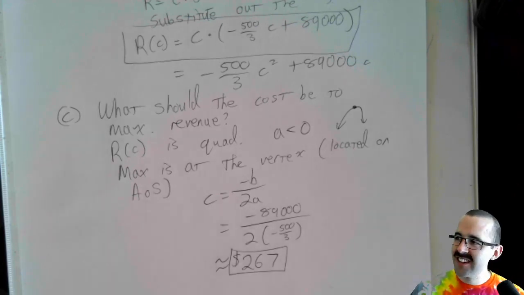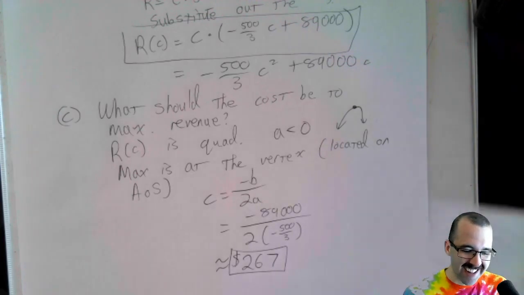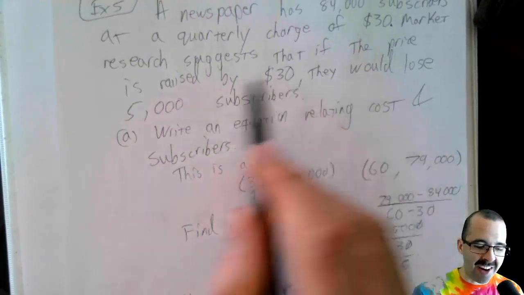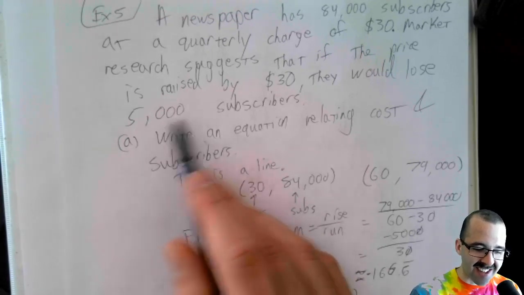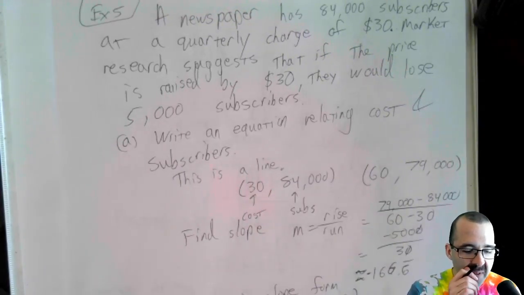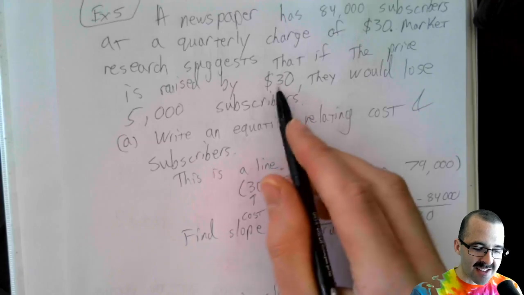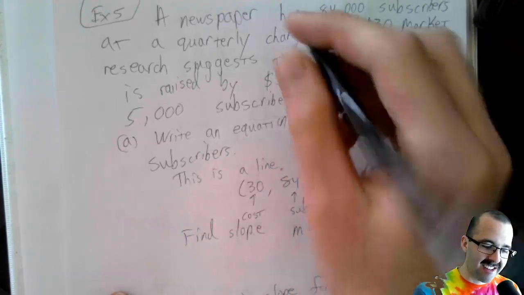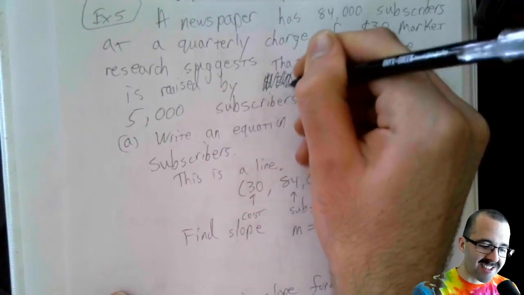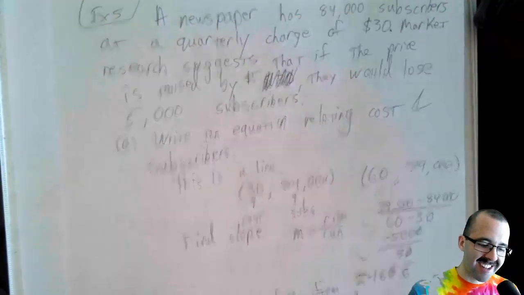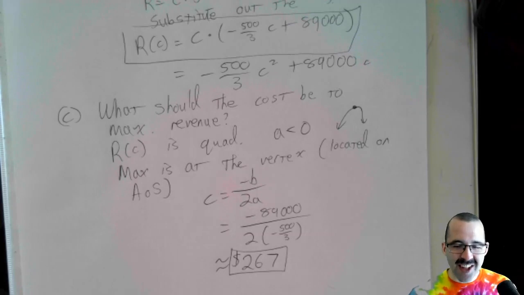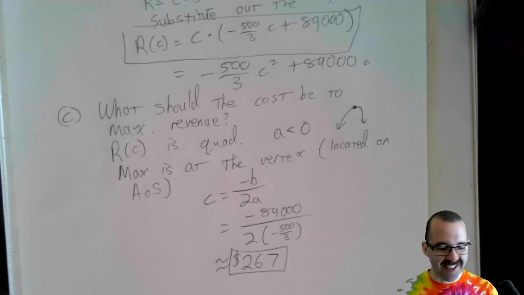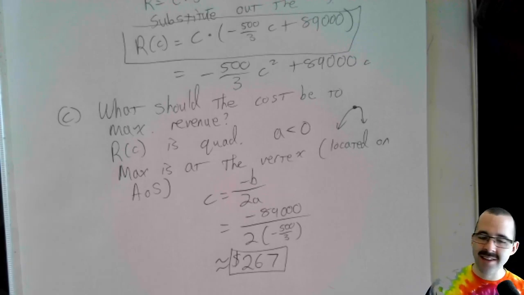Really, this number spawns from the fact that doubling your quarterly charge only reduces your subs by 5,000, which is crazy. I remember last semester, I remember this example now. I just changed this. Yeah, I'm going to change up my notes so I don't do this again, because this is crazy. This is an expensive newspaper. Oh, man. But that's the problem anyway, and that's how it works.